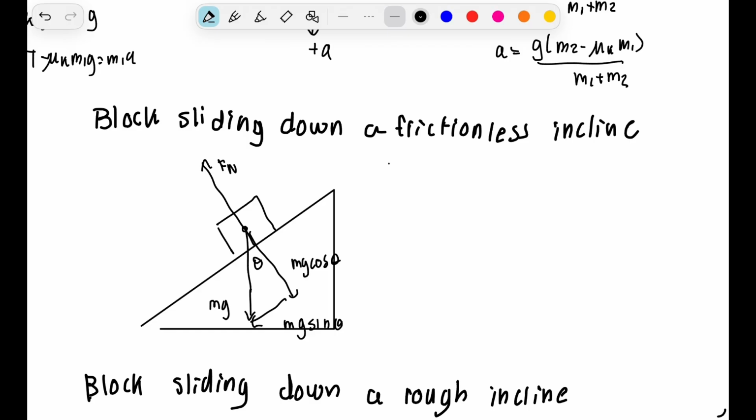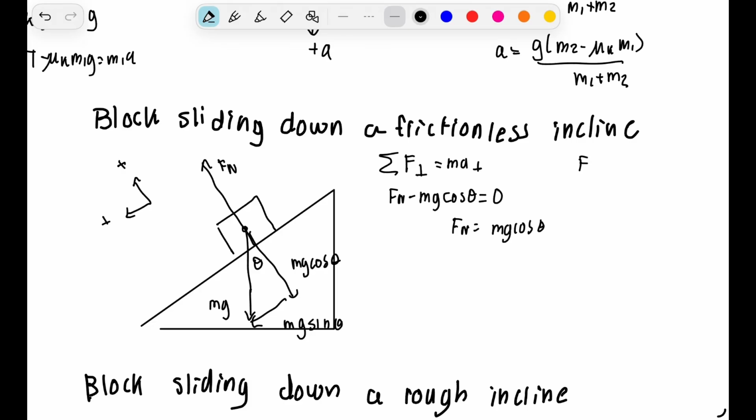So what about our perpendicular direction? You're going to have your perpendicular forces. So normal minus mg cosine theta is equal to 0, because we're not going to be lifting off of the table.